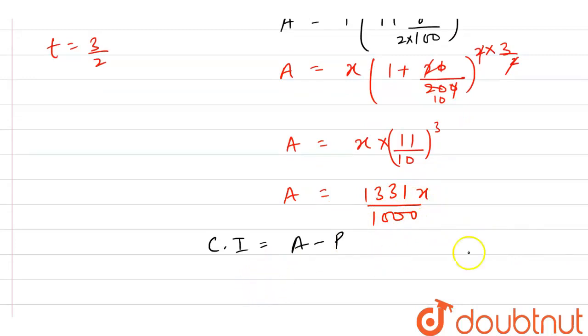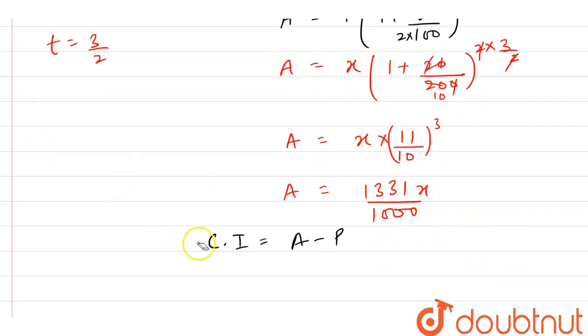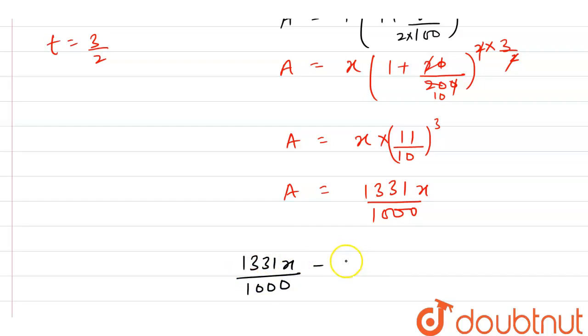So we can write, as given, the amount that Geeta will have is 1331x, and this whole divided by 1000, minus the amount that Ashok will have, which is 66 of x by 50, and this equals 33.